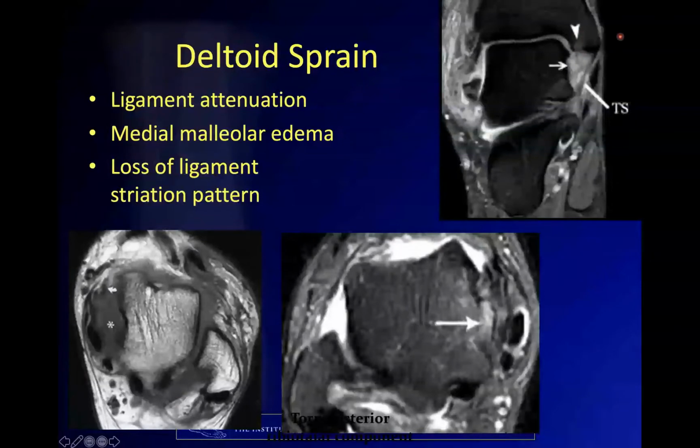You see some edema in the medial malleolus here, and we see a loss of the fibrillar striations of the deltoid on the arrow here. And this is the superficial ligament here, but the deep deltoid here looks amorphous. It doesn't look like normal striations.